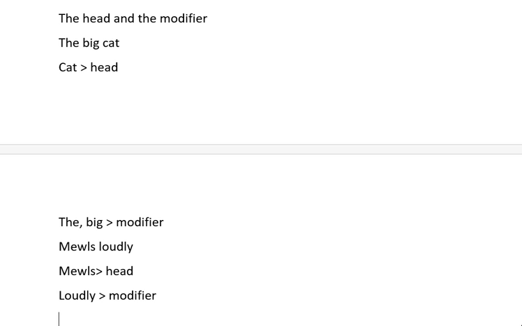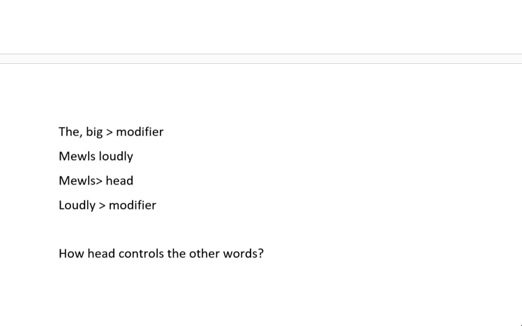So the big cat or mews loudly. Now these words together, they are what? They are phrases. Clear? So we can say that a phrase is actually a group of interrelated words.